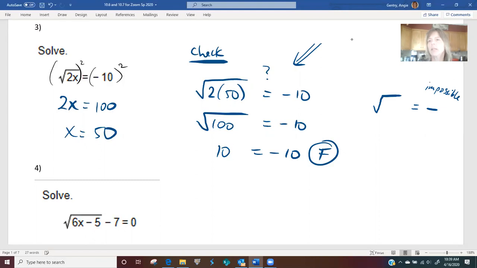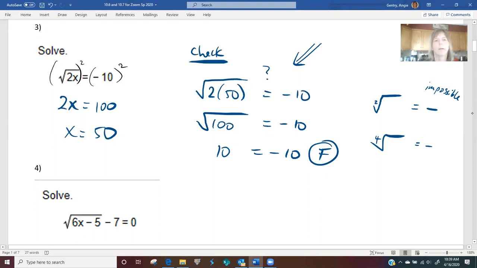But if it's an even root, meaning in this case it's a square root, or if you have a fourth root, then it's impossible because nothing negative is going to be able to come out. But this is why you don't really have to memorize that part. You just have to always check your work, and then you don't have an issue with this.